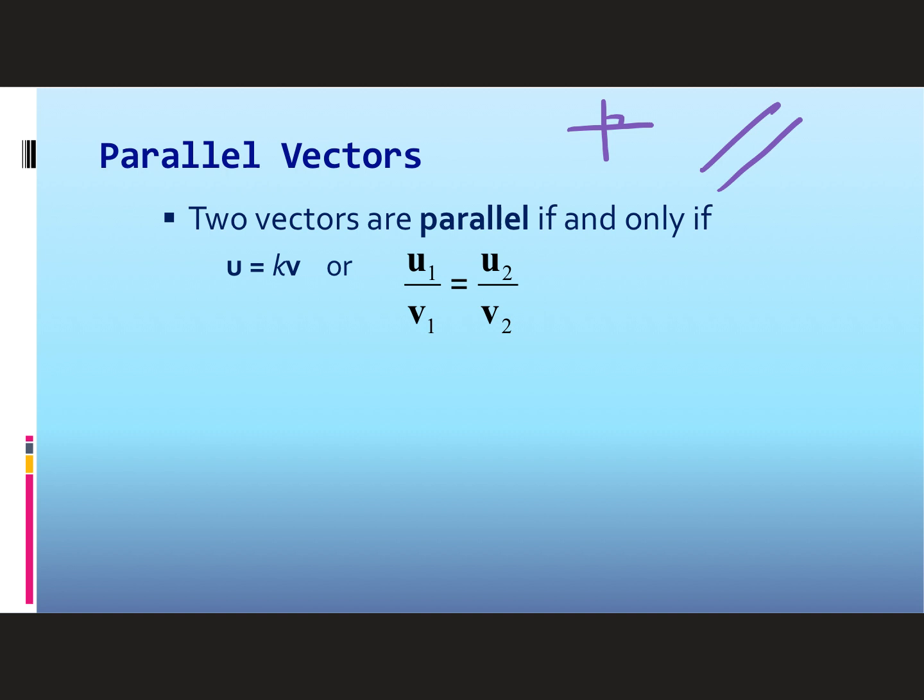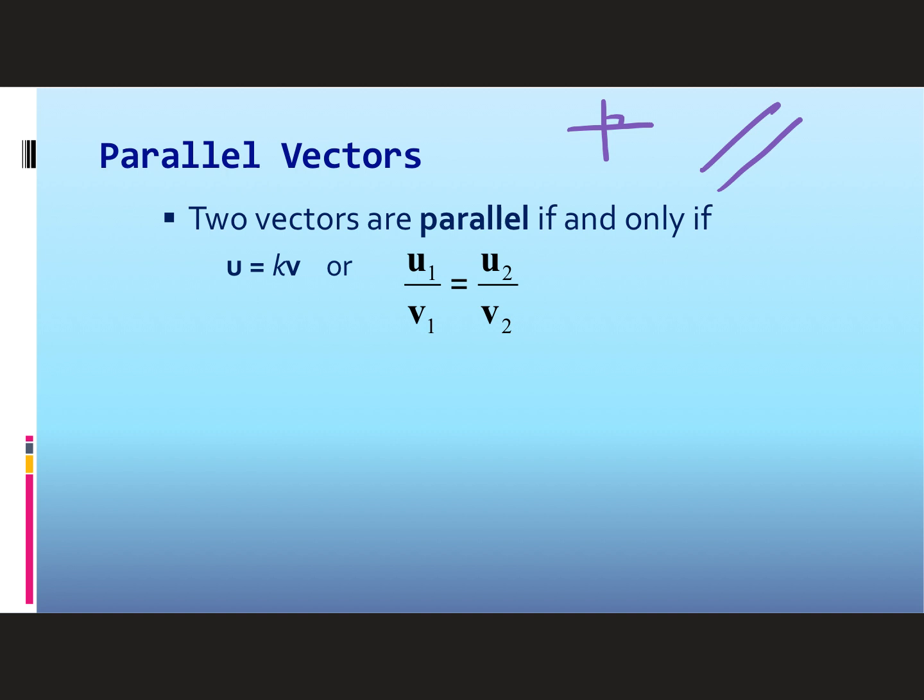So two vectors are parallel if and only if they are proportional. So you would set the first number over the first number of the second vector and see if that's equal to the second number over the second number in the second vector. So the first over the first has to be equal to the last over the last.